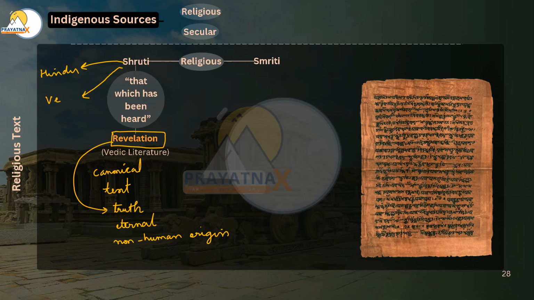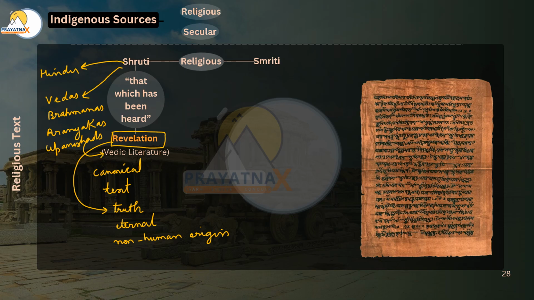It includes the Vedas, Brahmanas, Aranyakas, and the Upanishads. These form part of the Vedic literature.